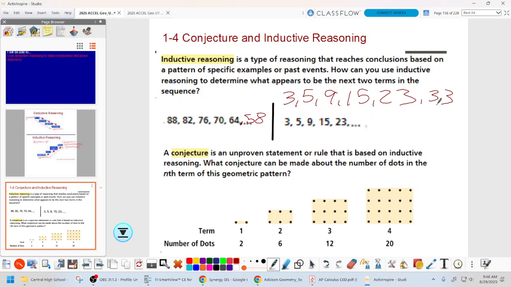The thing that we're proposing as the next value in the sequence, so 58, 33, that's what we're calling a conjecture. It's more than an educated guess. It's based on a pattern that we think is accurate. Okay? Do you guys like visual patterns? So let's see if you can come up with the next dot pattern in the sequence.